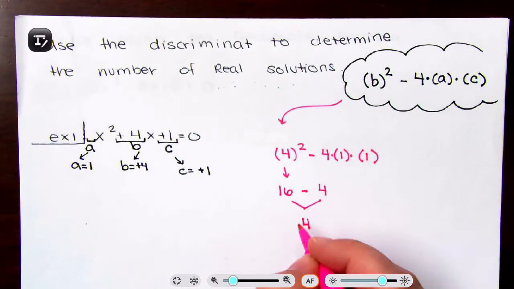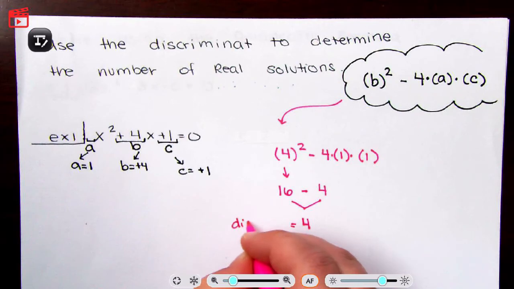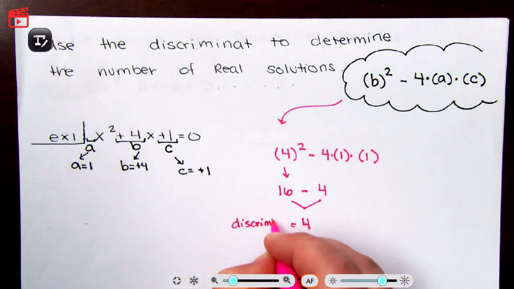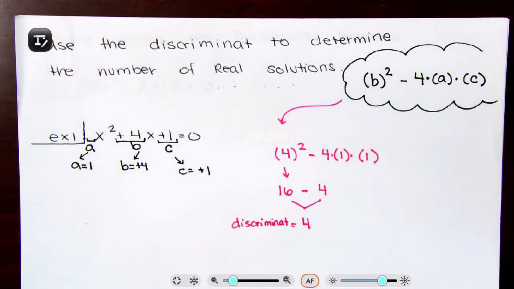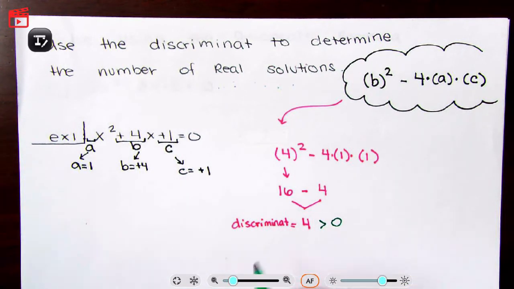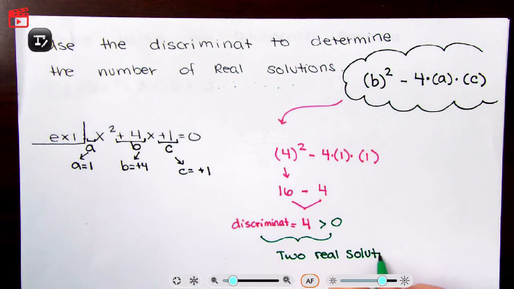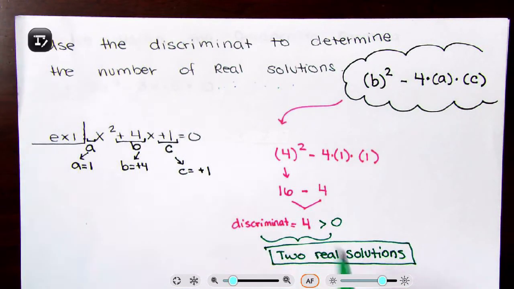So if our discriminant is 4, that means it's greater than 0. It's positive. That means that we will have 2 real solutions. So your answer is the quantity of solutions you will have, 2.